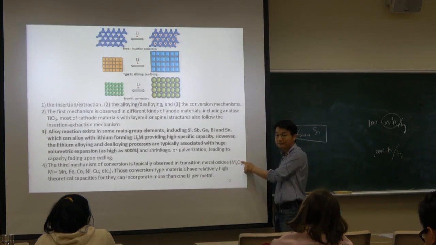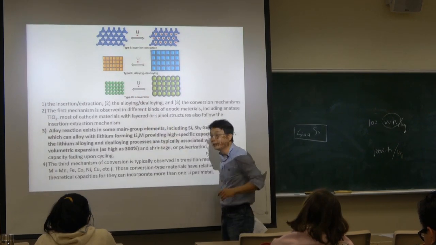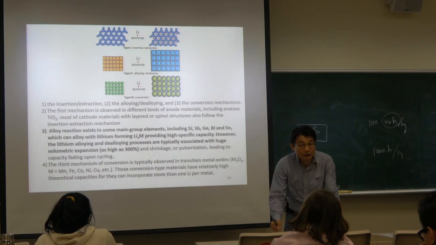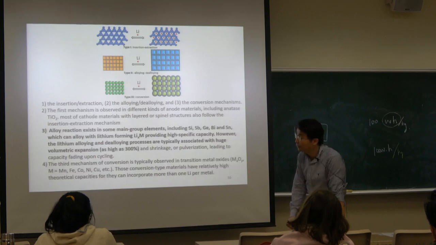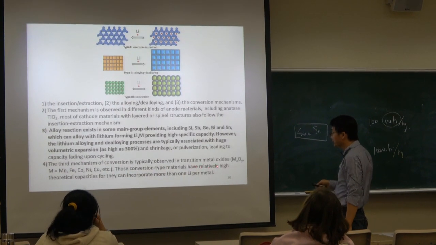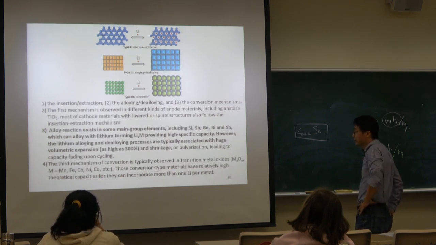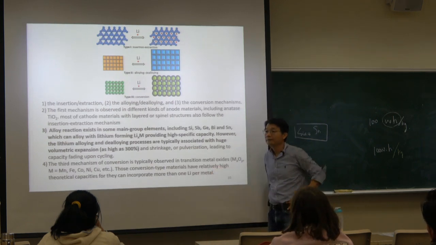Metal oxide conversion is also a chemical reaction, a phase transition, because the phase has been changed. Those conversion-type materials have a relatively high theoretical capacity, incorporating more than one lithium per metal.